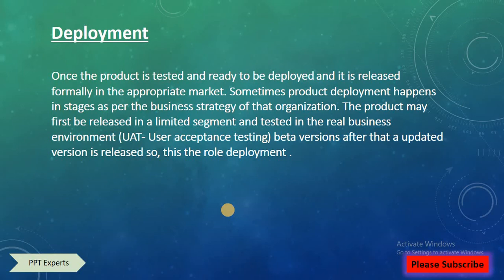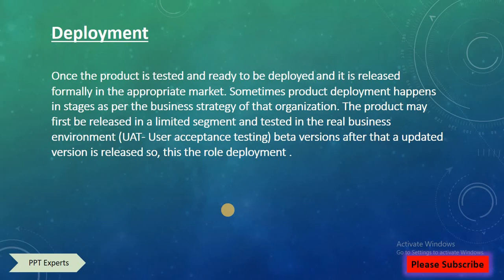Once the product is tested and ready to be deployed, and it is released formally in the appropriate market, then the software deployment is done. That is, deploy the software in the market. Sometimes product deployment happens in stages as per the business strategy of that organization.